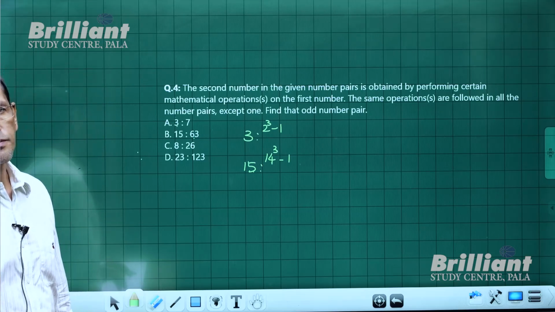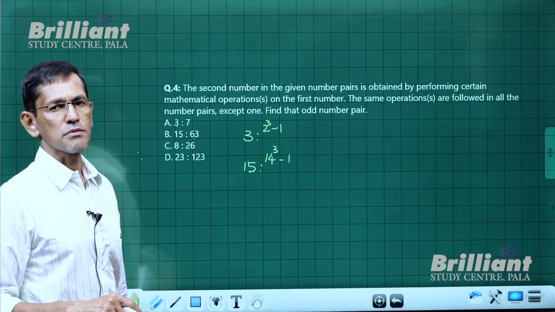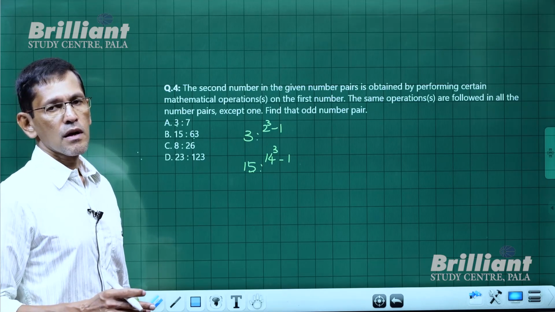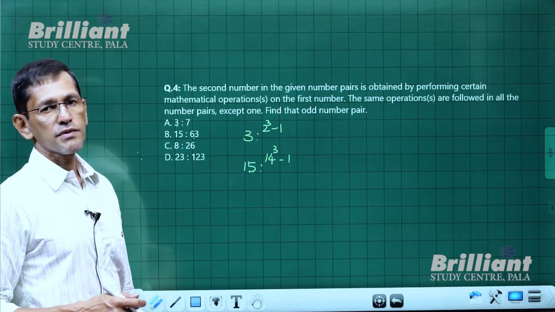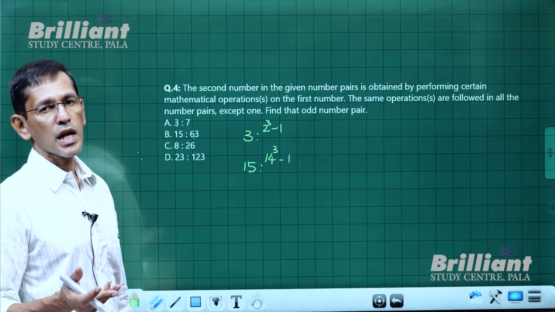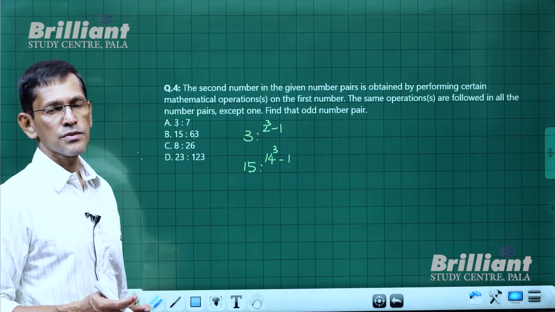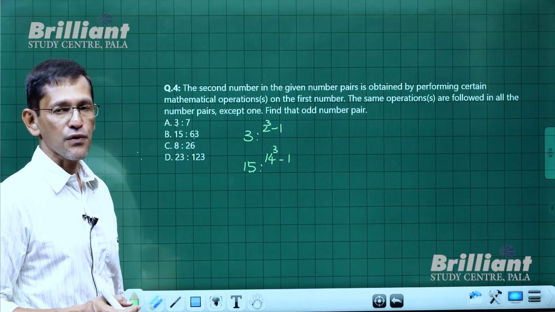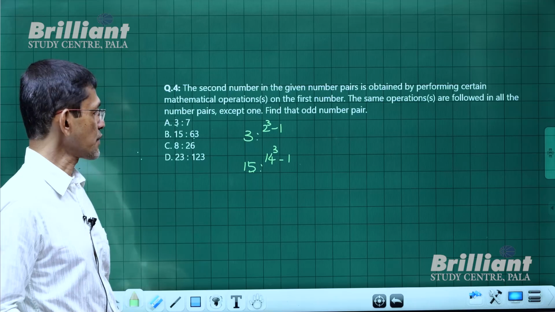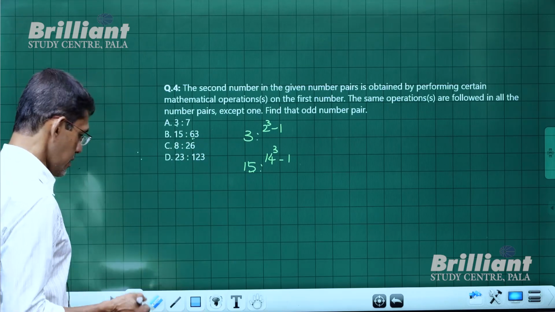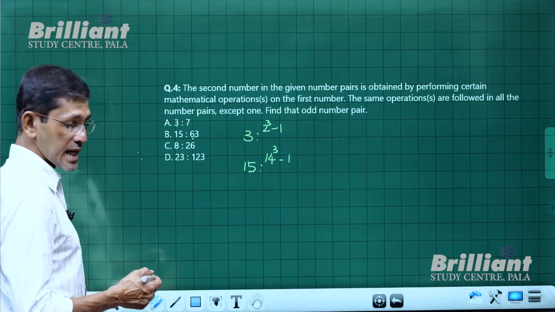How much is 14 cube? That's a relatively large number. Anybody knows what is 14 cube? Well, 12 cube is 1728. 13 cube is 2197. So 14 cube is something more than that. 2744. What is given to us is 63. Doesn't work. Okay, so we have to think about something else.